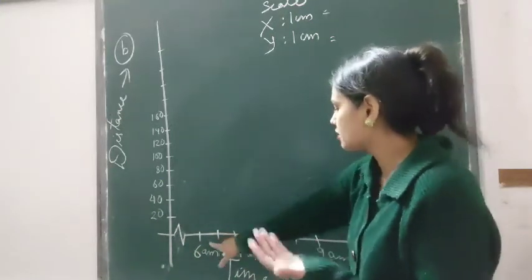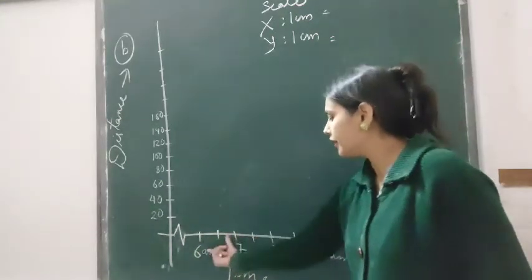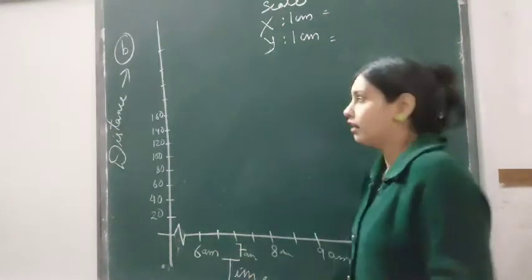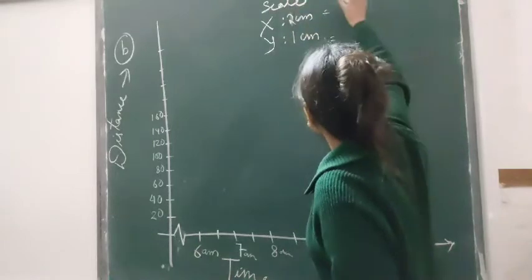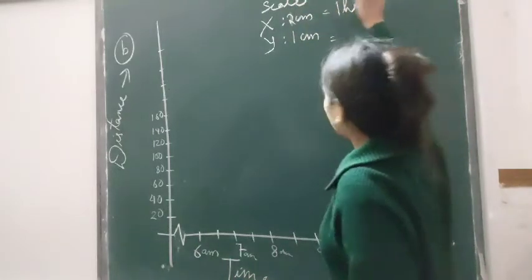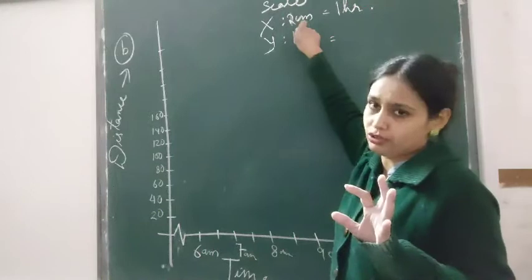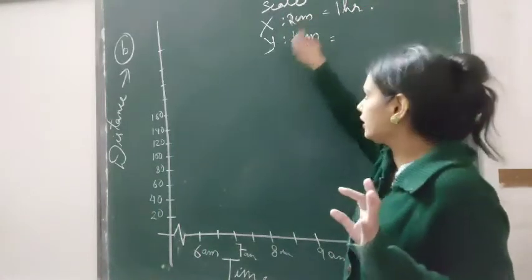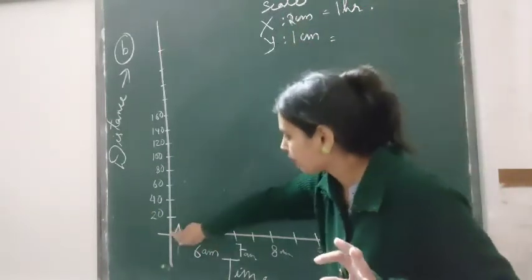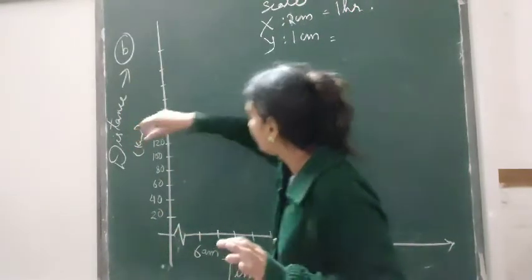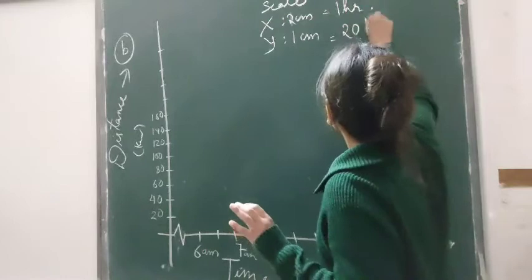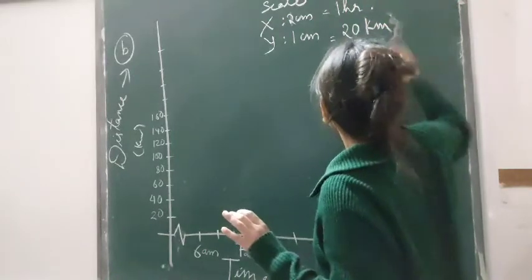So on the x-axis, 2 centimeters is equal to 1 hour, or 1 centimeter is equal to half hour also is correct. Okay children, that also we can write. Then on the y-axis, 1 centimeter is equal to 20 kilometers.